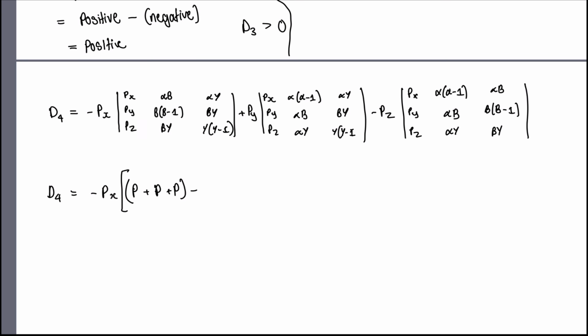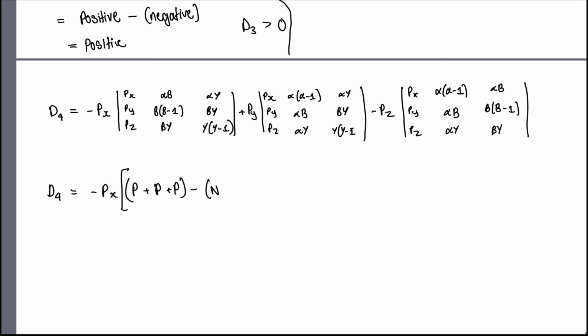And we're going to minus this with these three times together, which is going to be a negative because this is positive, this is negative, and this is positive. So positive times positive is a negative. These three times together is a positive, and then these three times together is a negative.